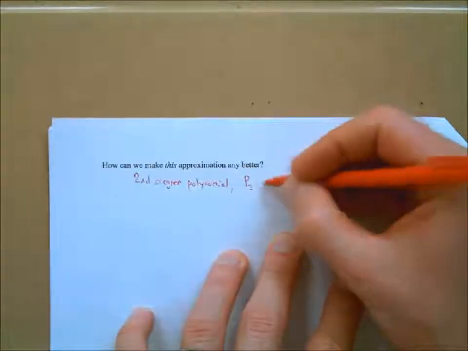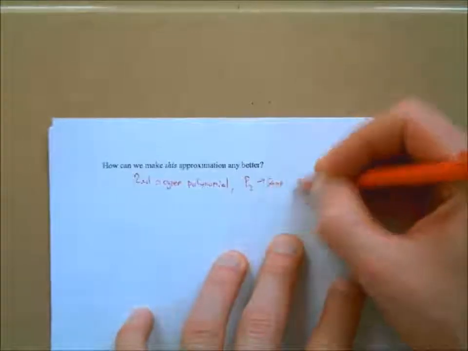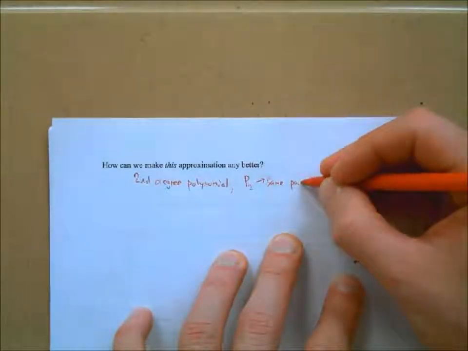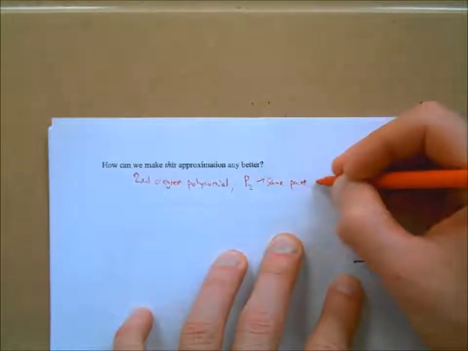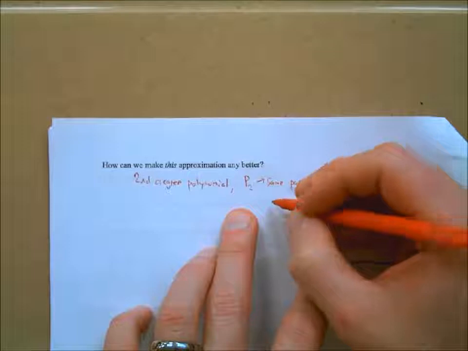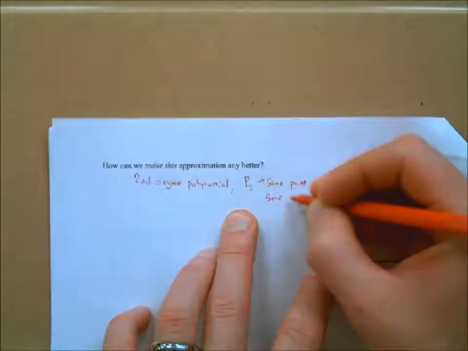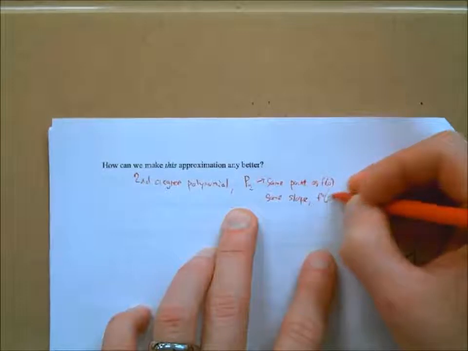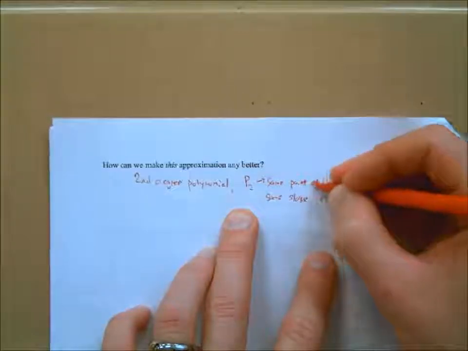It will have the same point as f of 0. It will have the same slope as well, so we want f prime of 0.